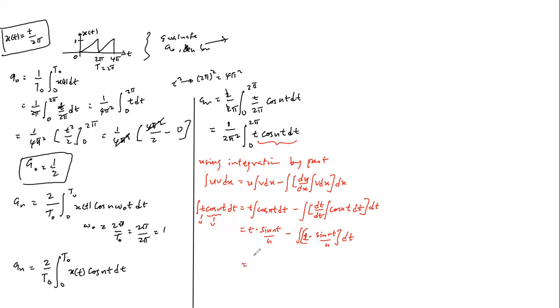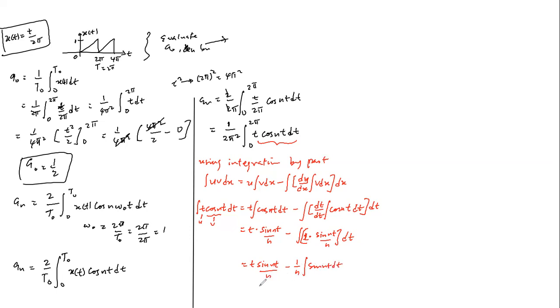So this will now be the same as t sine nt over n minus, bringing out this 1 over n, the integral of sine nt dt.